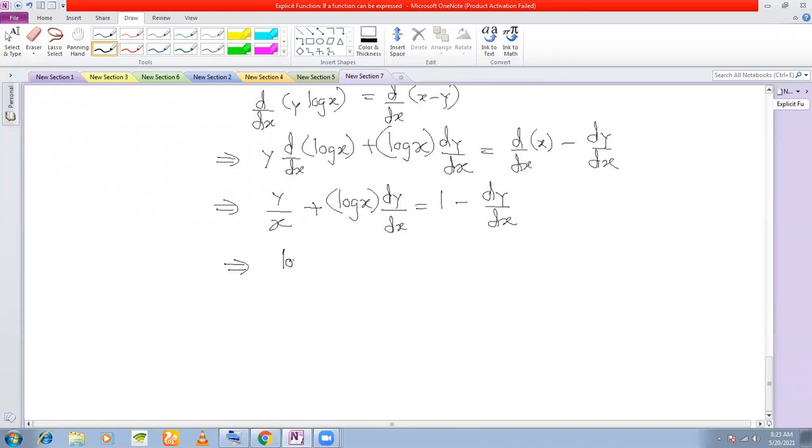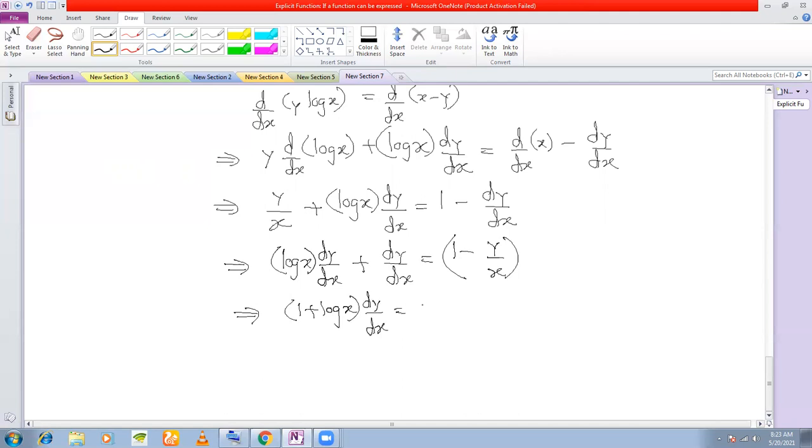So you get log x dy/dx plus dy/dx equal to 1 minus y by x. Now you take dy/dx common, and here you can take the LCM, (x minus y) by x.